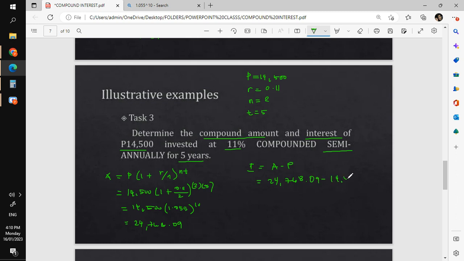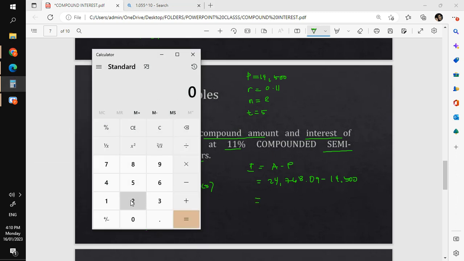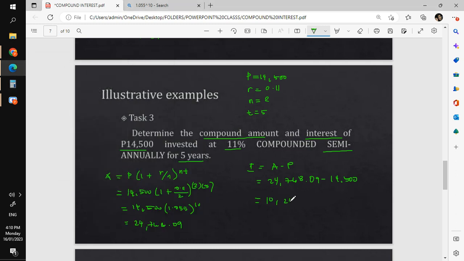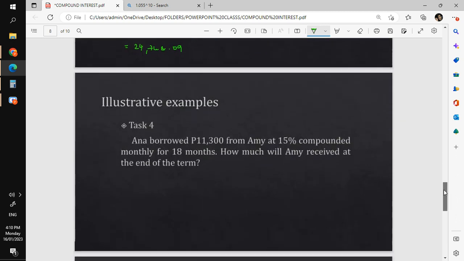Our P in here, that's 14,500. So subtracting these two, you have 24,768.09 minus 14,500. This gives us the answer 10,268.09. So that is how you will be solving problems involving compound interest.